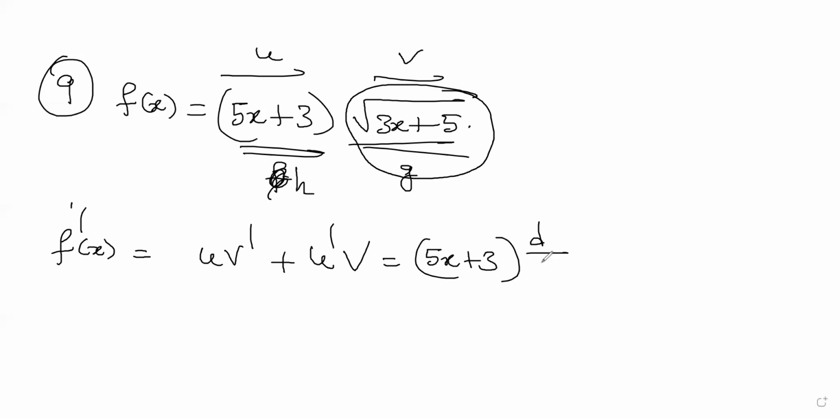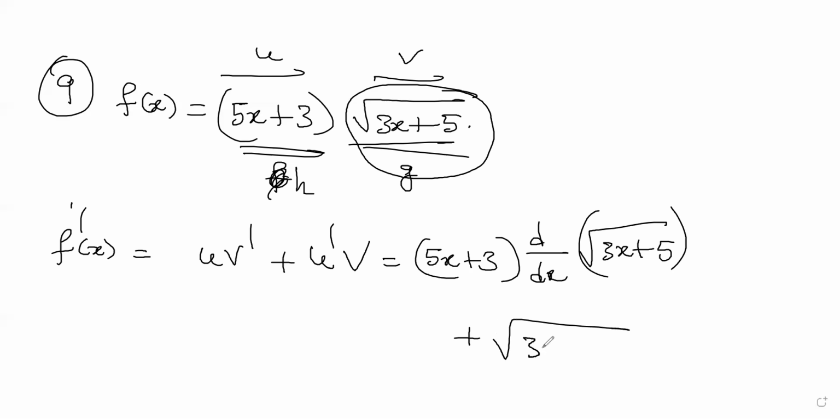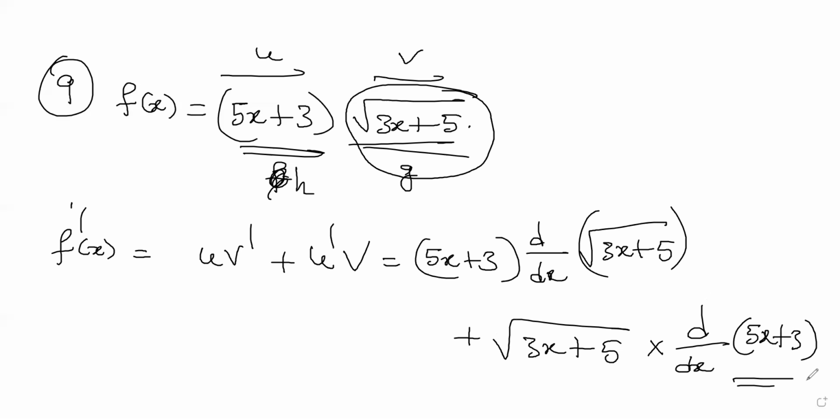We'll write that: d by dx of square root of 3x plus 5. Write this out: square root of 3x plus 5 into d by dx of 5x plus 3. Yeah, note it. No problem.